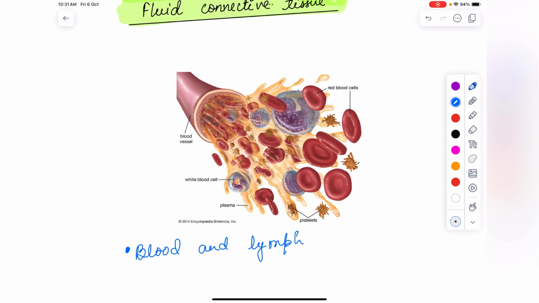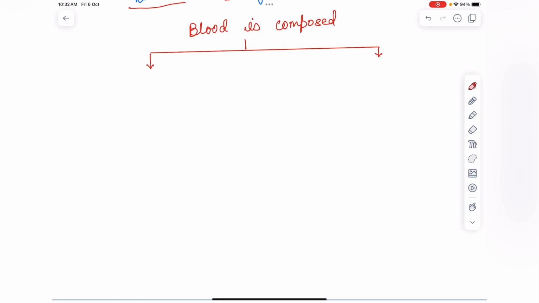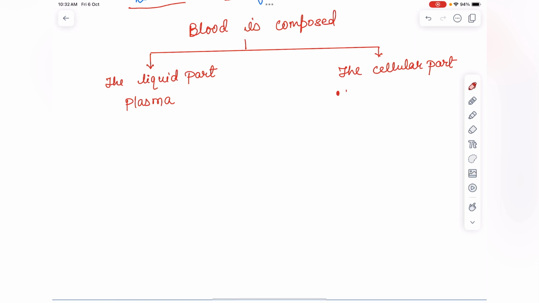It consists of two basic components, that is blood and lymph. Blood is composed of two things, that is the liquid part, that is plasma, and the cellular part, that is red blood cells, white blood cells, that is WBC, and platelets.